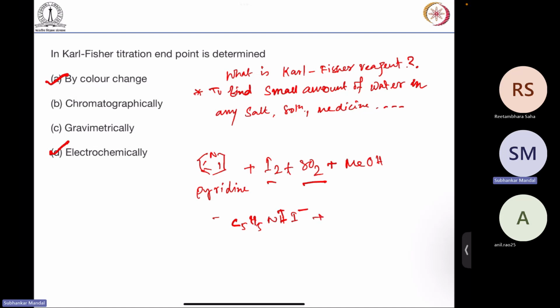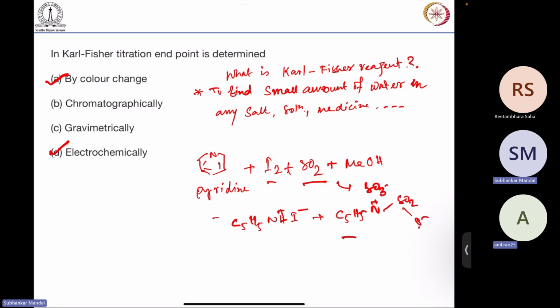And with the methanol and another sulfur dioxide, when it forms sulfur trioxide because it oxidizes, it will coordinate with another pyridine molecule. So it will form C5H5N SO2O minus.